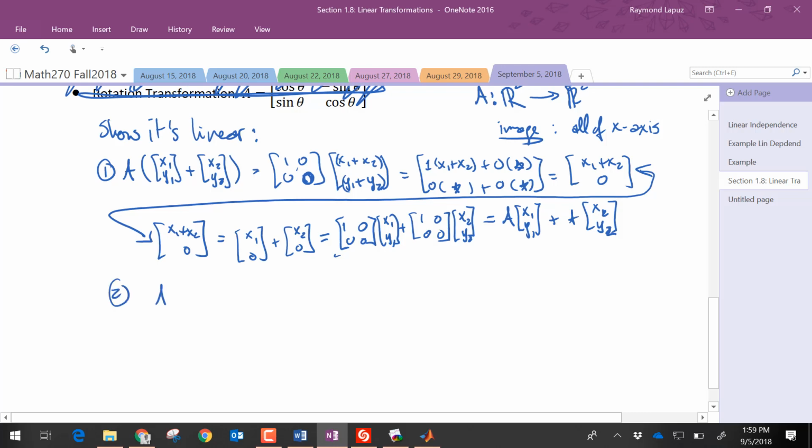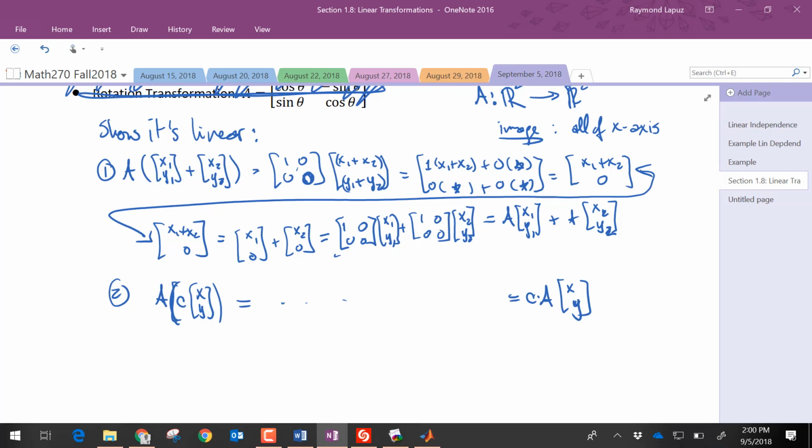And then we could do the same thing for a constant times x, y. So, you should check for both conditions to show it's linear.